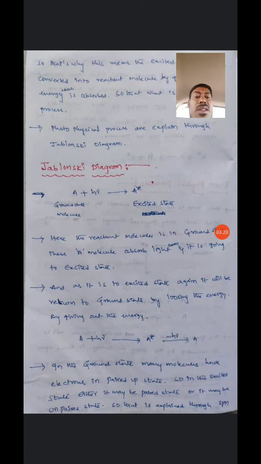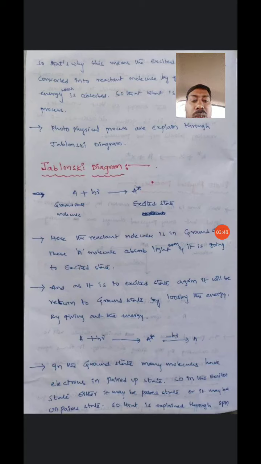These photophysical processes are explained through the Jablonski diagram. So next we are discussing the Jablonski diagram. Here A is a reactant molecule, a ground state molecule, and this A absorbs light energy and goes to the excited state.